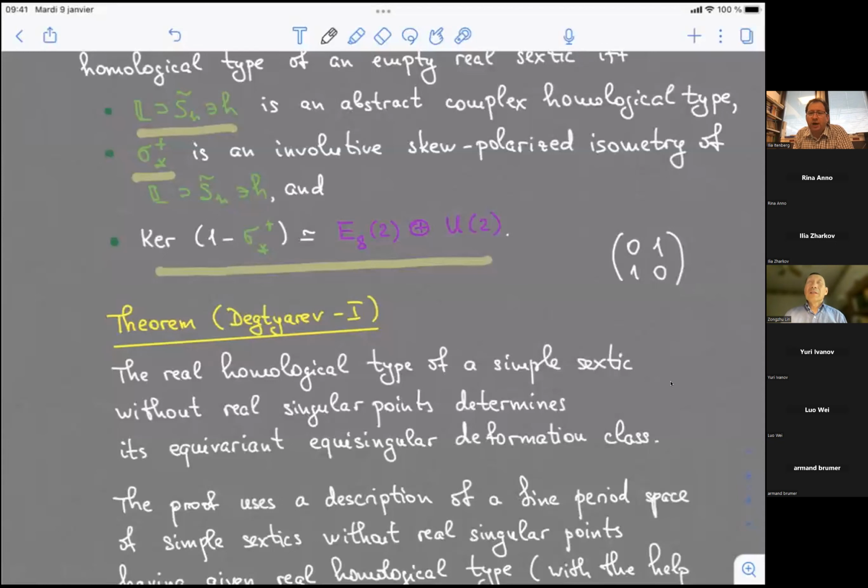If you just look at the K3 lattice, then you can pick any vector of square 2, and this will be good for this polarization. So H has square 2, meaning H product with itself is 2 in the sense of the bilinear form. Yes, that's what I was asking.